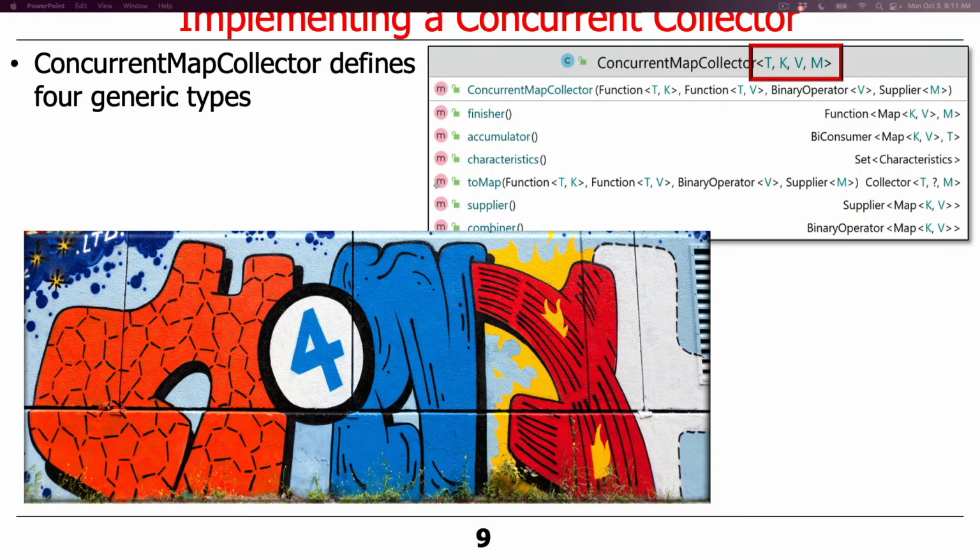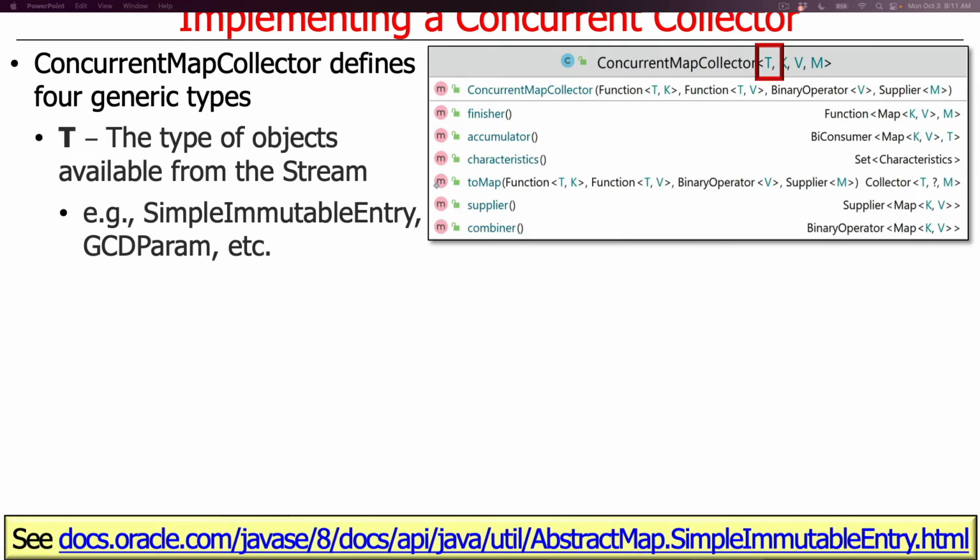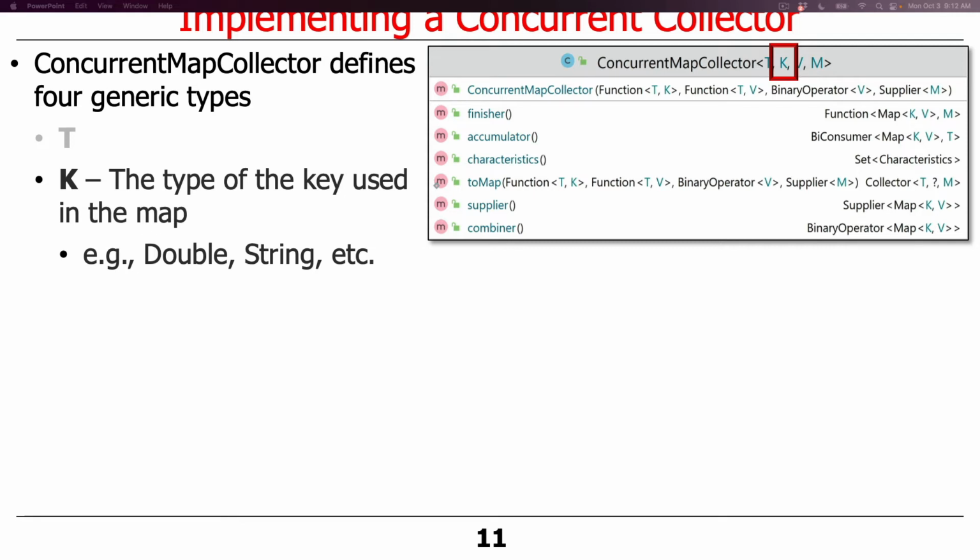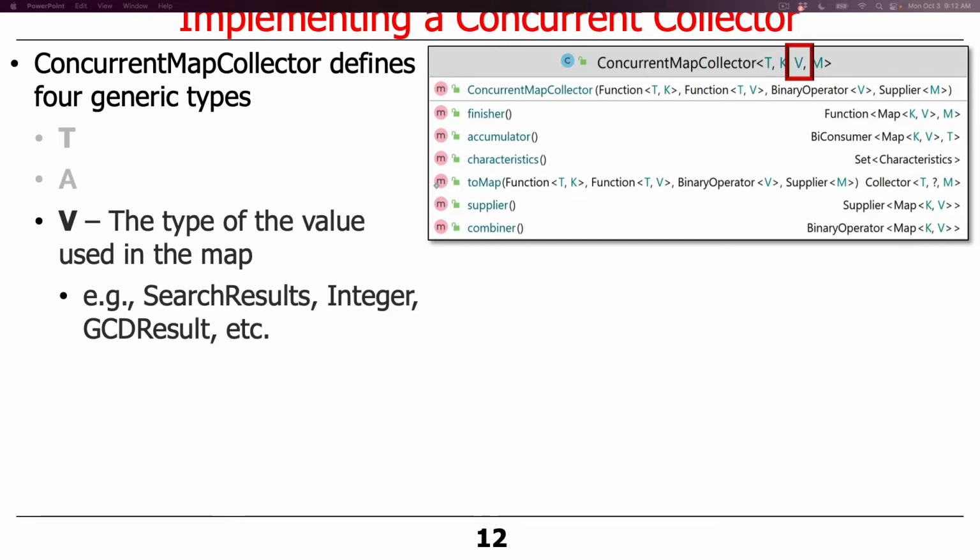The concurrent map collector defines four generic types. Type T, as always with these collectors, is just the type of objects available from the stream, which could be a simple immutable entry or a simple entry or a GCD param or whatever we want. K is the type of key used in the map, which could be a string or a double or something else along those lines, a long, for example.